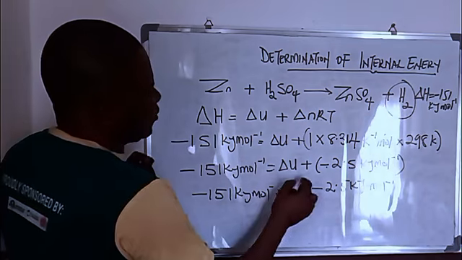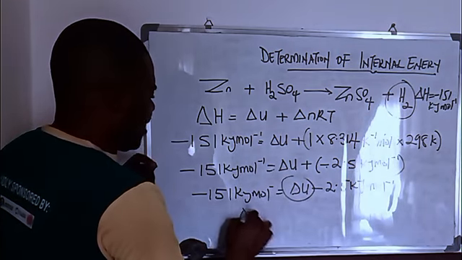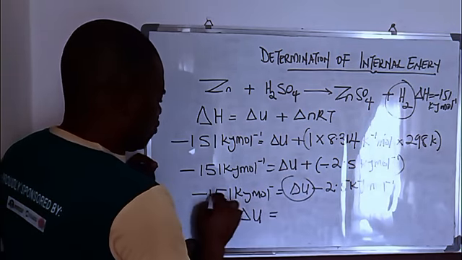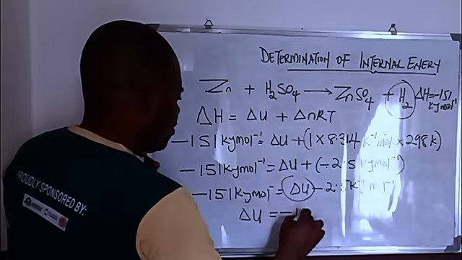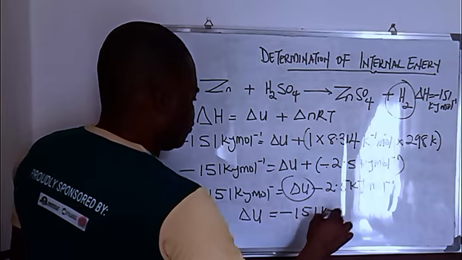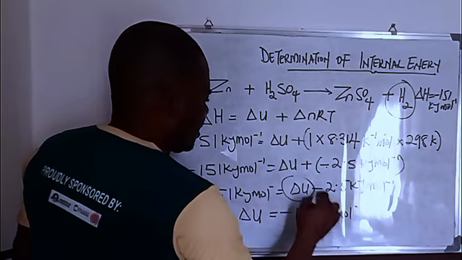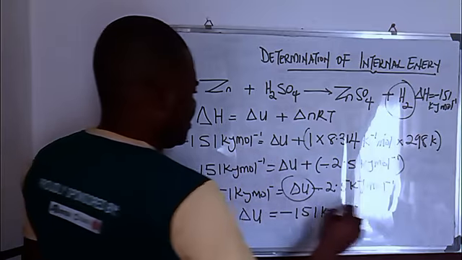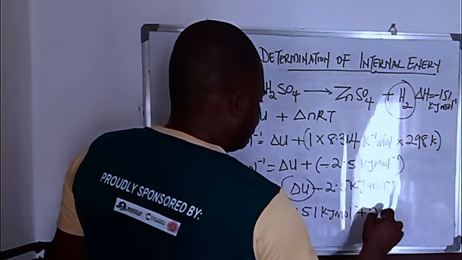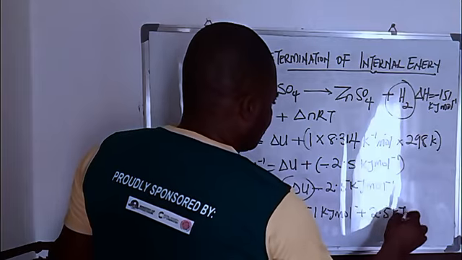Now making this the subject of your formula, we'll have that delta U is equal to minus 151 kilojoule per mole, and this will move to this side, which is plus 2.5 kilojoule per mole.